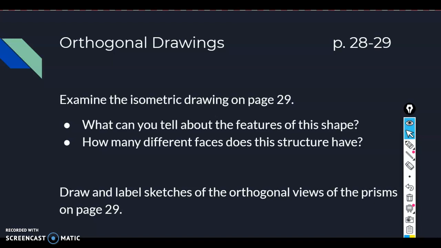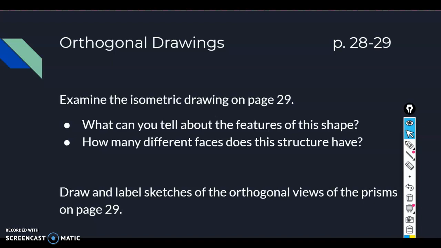We look at this shape, we see that it is a three-dimensional shape made of four cubes that is neither a prism nor a pyramid. How many different faces does this structure have? Well, if we look at the drawing on page 29, we see that it has 8 faces, 16 edges, and 12 vertices.